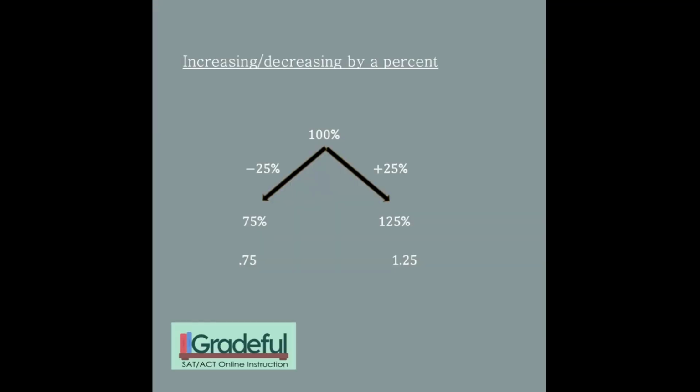Now, here's how you can think of increasing or decreasing something by a percent. You start at 100, because percents are different than other numbers. They start at 100, and then you can add or subtract from there, giving you, in my example, 125 or 75. Now, both of those in decimal form are 1.25 or 0.75. So in other words, if I want to raise something 25%, I'm going to multiply it by 1.25.